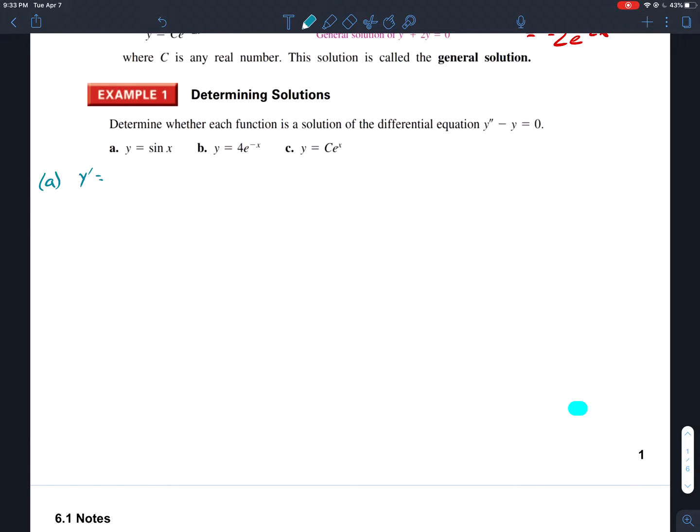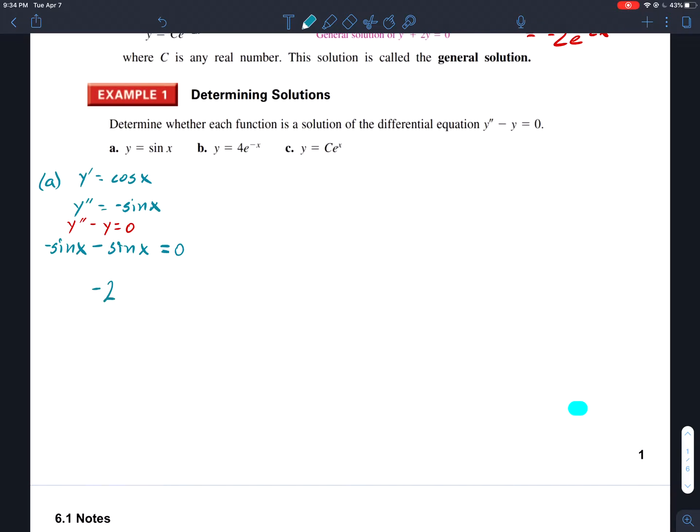y equals sine x, y prime equals cosine x, and then y double prime would be negative sine x. All right, so if that's my y double prime, then this equation becomes negative sine x minus, remember my original equation is y double prime minus y equals 0. All right, that's my differential equation here. So negative sine x minus the original sine x minus y, minus sine x equals 0.